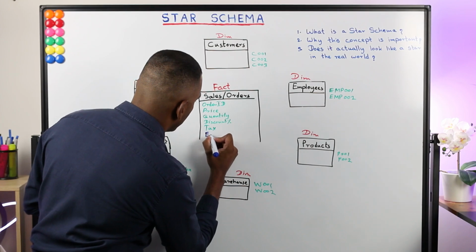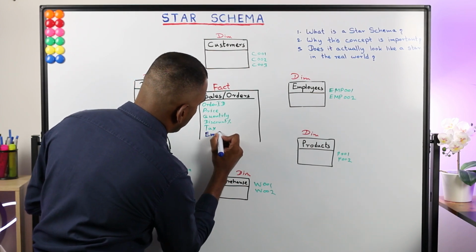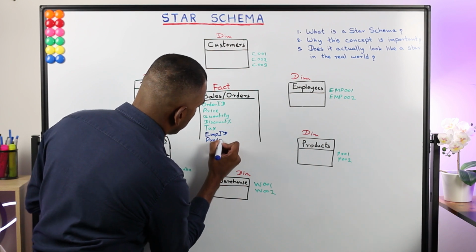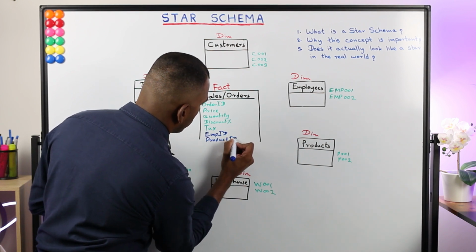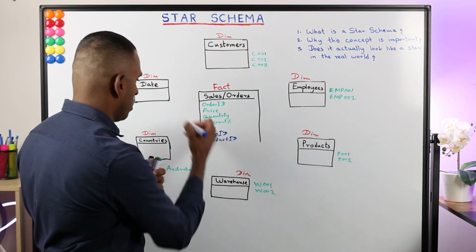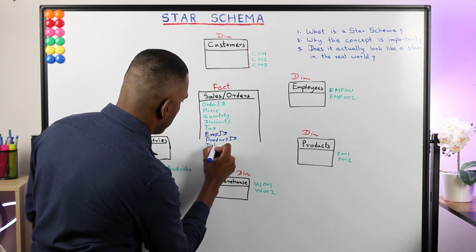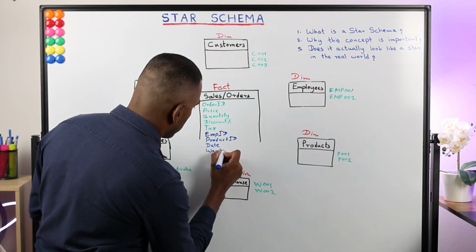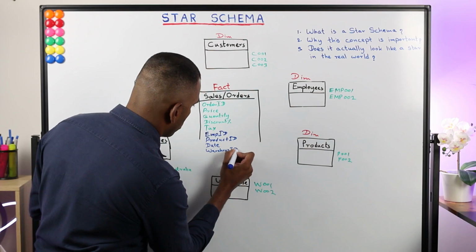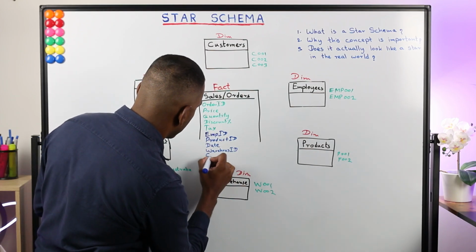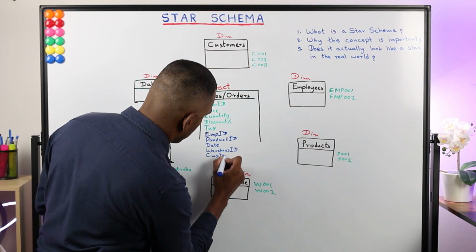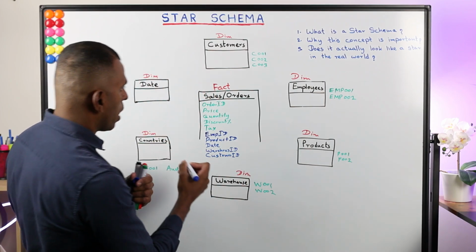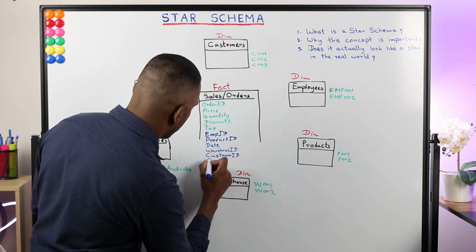Employee ID column, then the product ID column, then the date, warehouse ID, customer ID, of course, product ID, country ID.